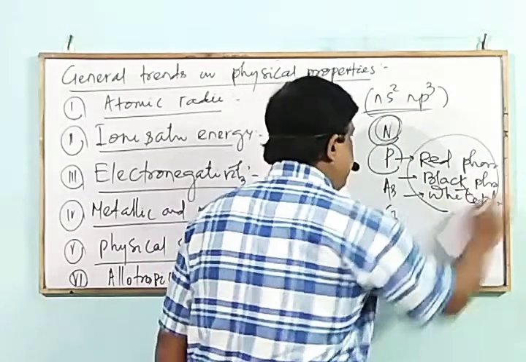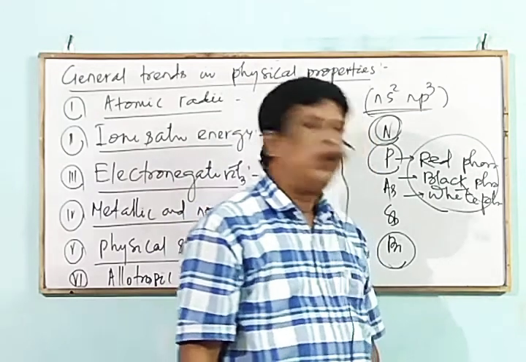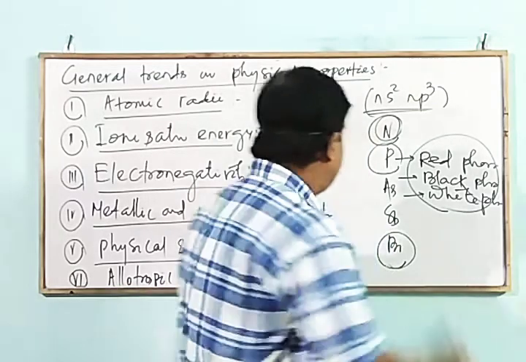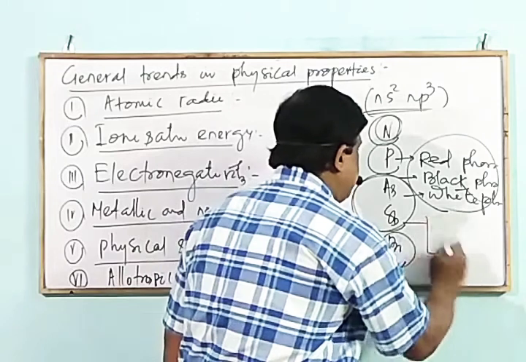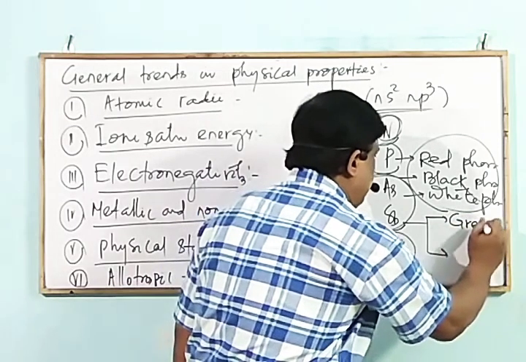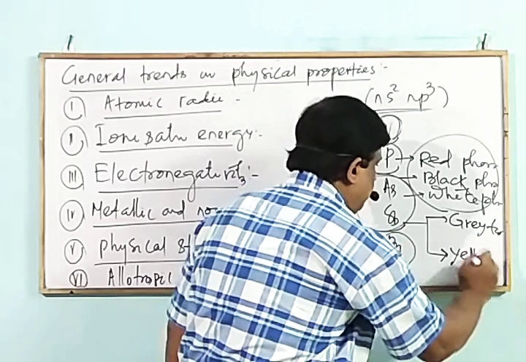On the other hand, arsenic and antimony exhibit two allotropic forms, that is gray form and yellow form.